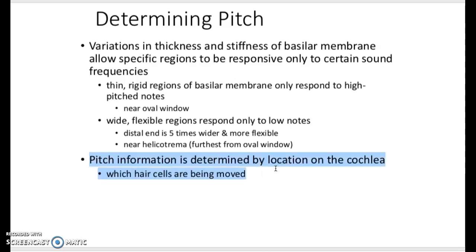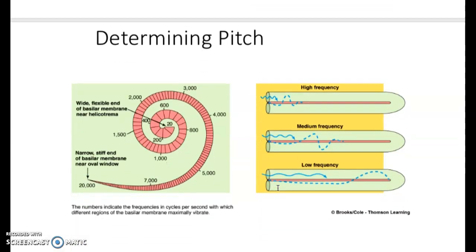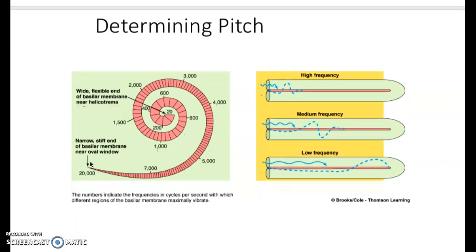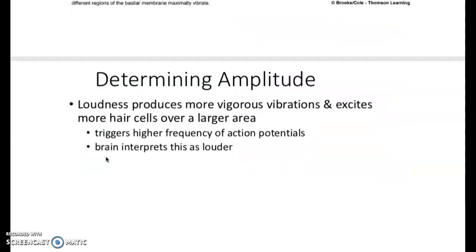So it's determined based on the location of the hair cells being moved. So you can see here, shaped like a shell. As we get towards the center, these are higher pitched versus on the outside, lower pitched.